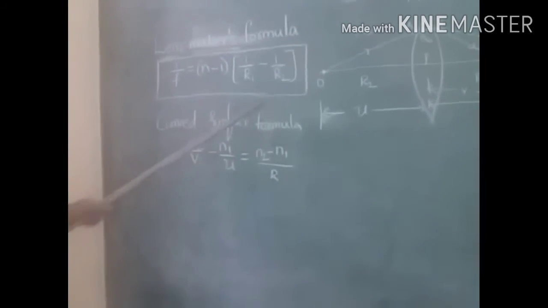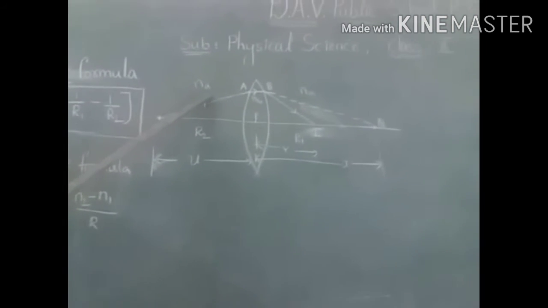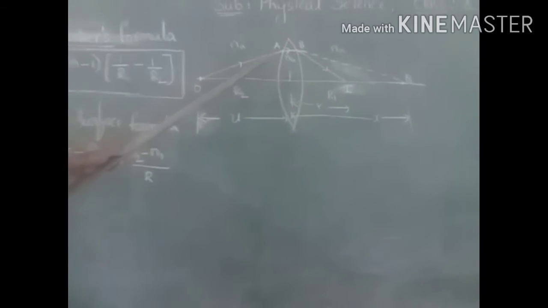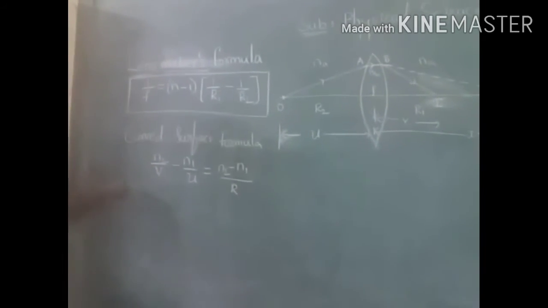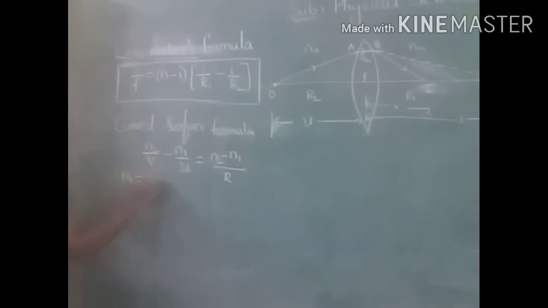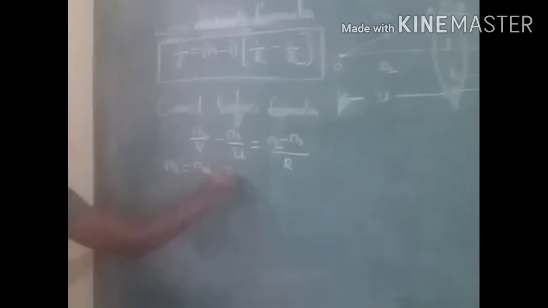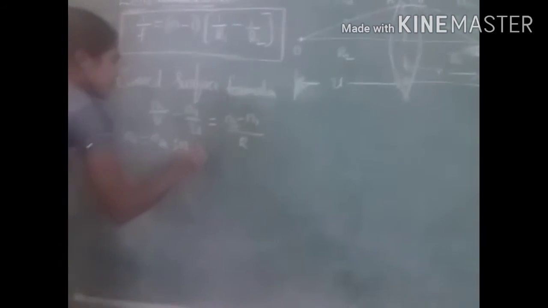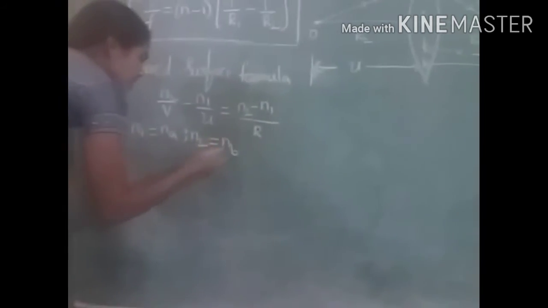So here the first medium is A, so the refractive index of the first medium is NA, and NB is the refractive index of the second medium, and R1 is the radius of curvature for the first surface. So we will apply all these in this formula. Here N1, the refractive index of the first medium, is NA, and the refractive index of the second medium N2 is NB.